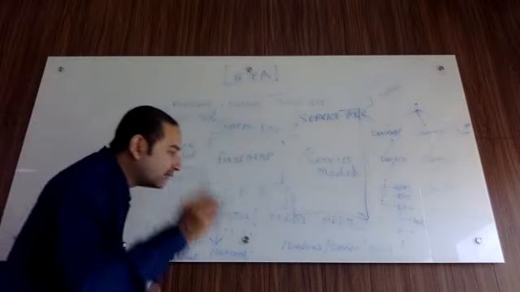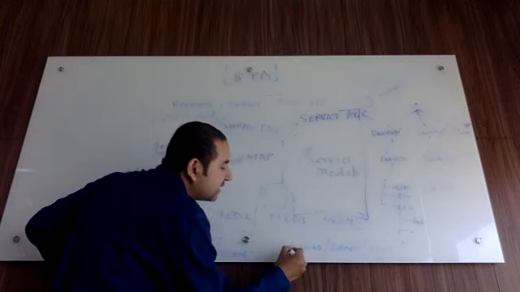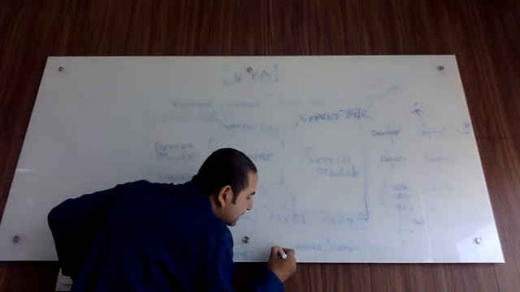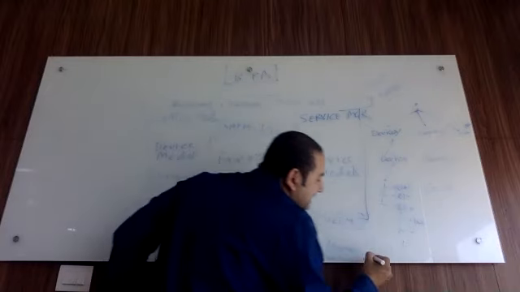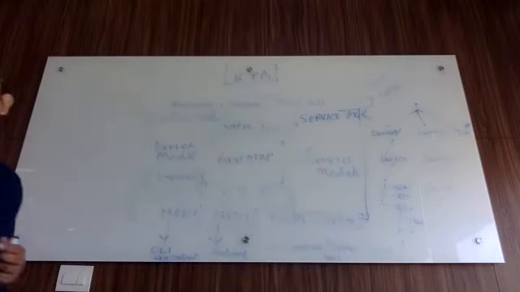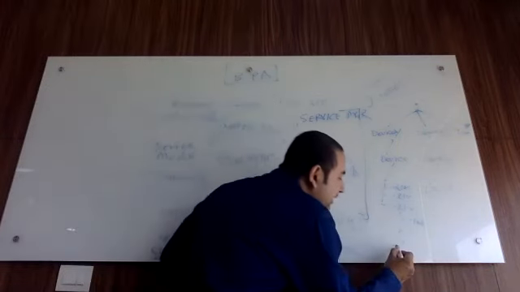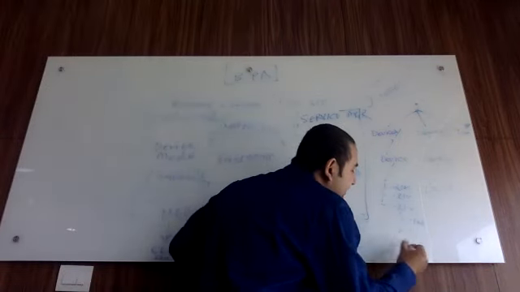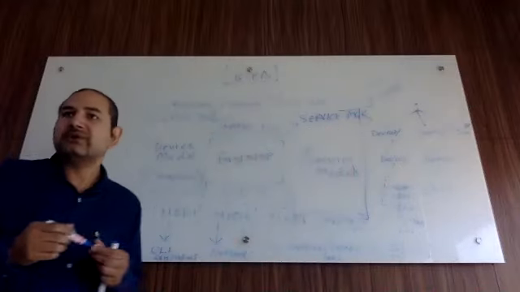In JSON RPC, it is like ncs:devices, ncs:device, and if there are multiple interfaces, then it will be in square brackets, ID equal to, and you put the value.